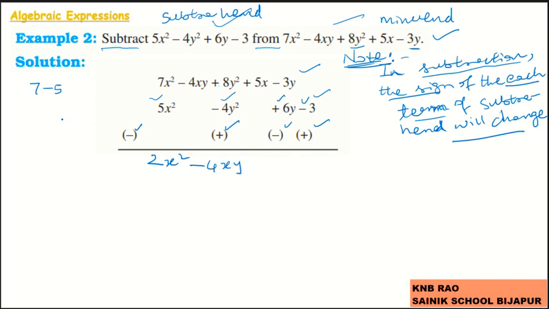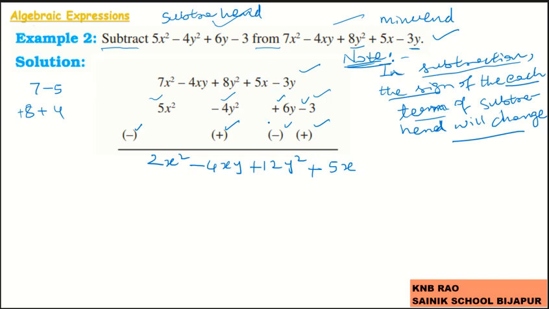Now plus 8 and plus 4 becomes plus 12y square, and this 5x does not have a like term at all in the subtrahend, so it comes as it is without change of the sign because it is there in the minuend.